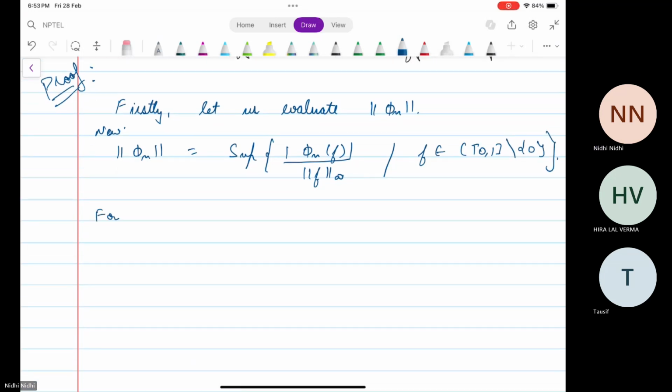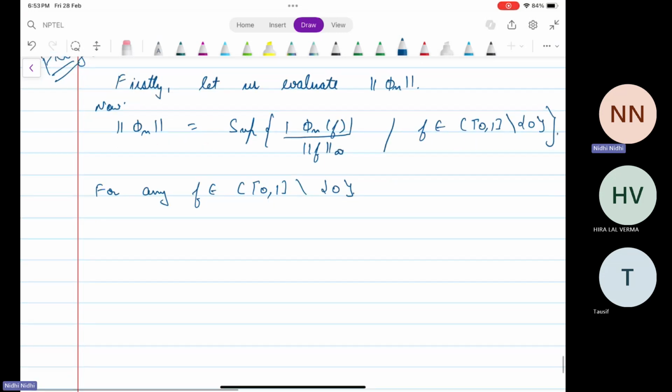For any f in C[0,1] minus 0, we have mod phi_n(f). By definition, this is equal to summation m from 0 to P_n of w_mn f at x_mn.